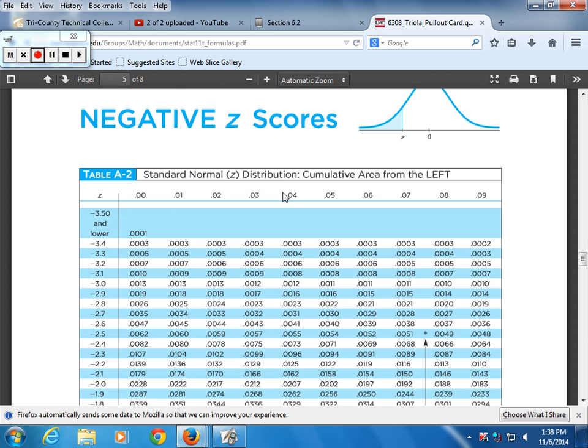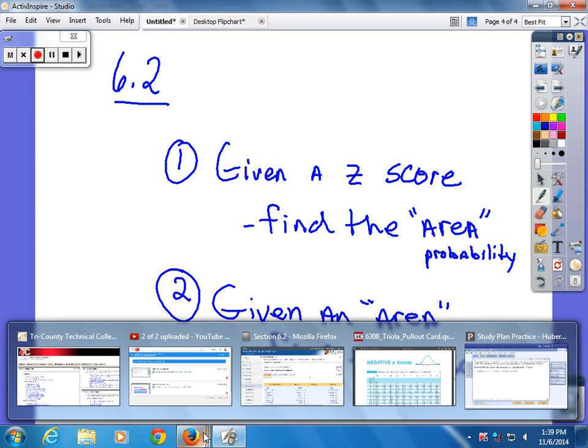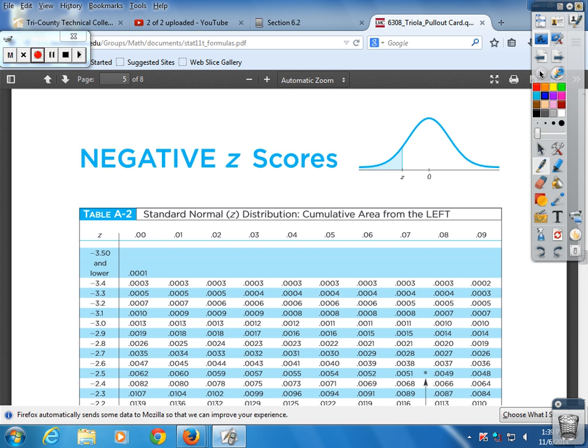Now I want everybody to look at the first sheet right here. There's 2 or 3 things I want you to highlight. The first thing I want you to highlight is that right there.